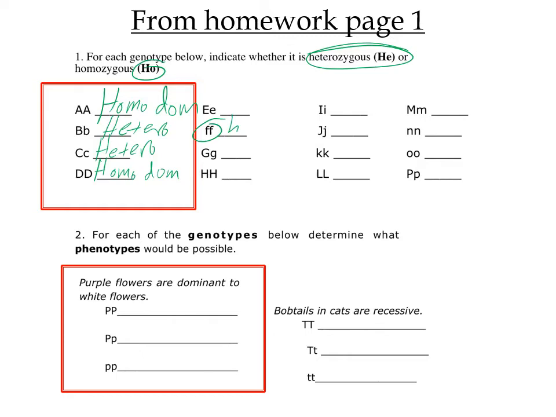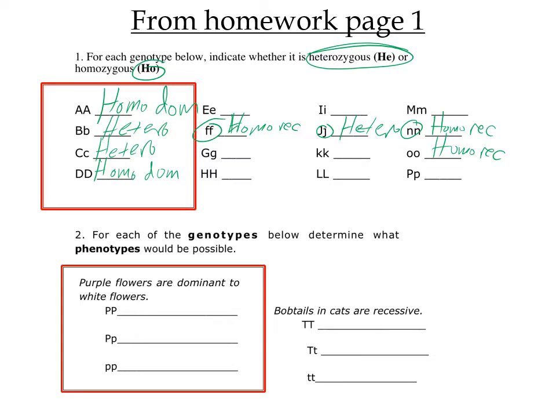This would now be homozygous recessive. Also, over here, two little n's. This would be homozygous recessive. Same thing down here, homozygous recessive. Whereas something like the J's right here, that's always going to be heterozygous. Doesn't matter where you get the big J, doesn't matter where you get the little j, it's going to be heterozygous.